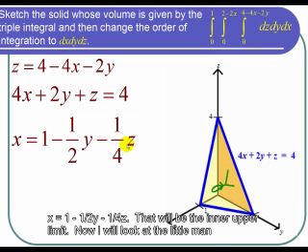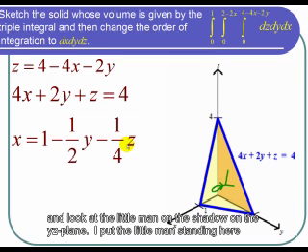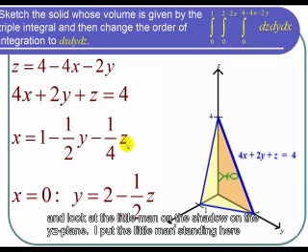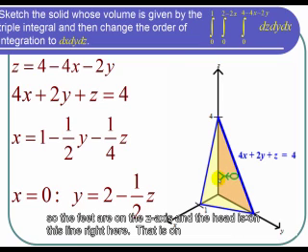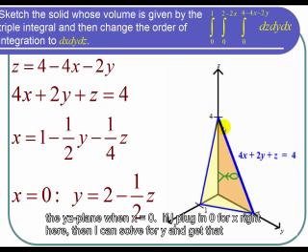So now I want to look at the little man on the shadow on the yz plane. So I put the little man standing here, so the feet are on the z-axis, and the head is on this line right here, and that is on the yz plane when x equals 0.